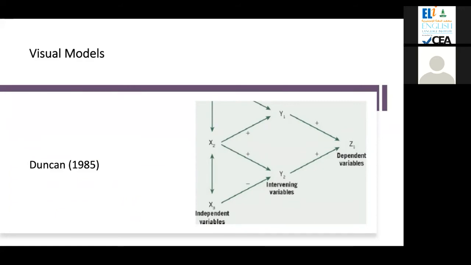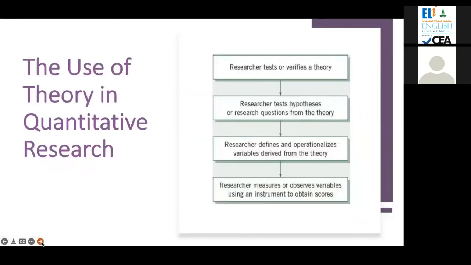So what is the type of the variable that I have in my research? How are they related to each other? If you know that, then you can, of course, hopefully draw a visual model showing the relationship between the variables and showing the theoretical framework and how it relates to your variables.